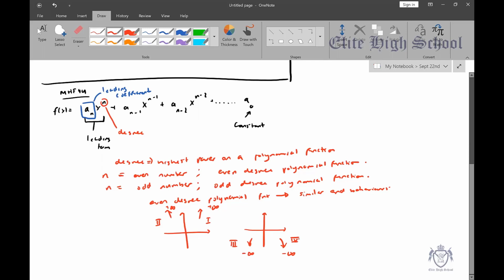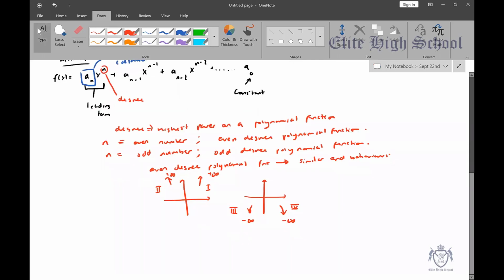And how we can determine whether the end behaviors will look like this in scenario 1, or like this in scenario 2, is we'll look at the leading coefficient. If the leading coefficient is positive, then the end behaviors will end up in quadrant 1 and 2. And if the leading coefficient is negative, then the end behaviors will end up in quadrant 3 and 4.